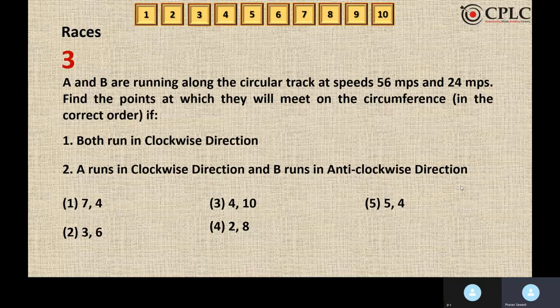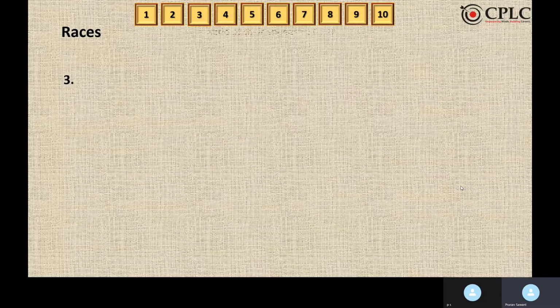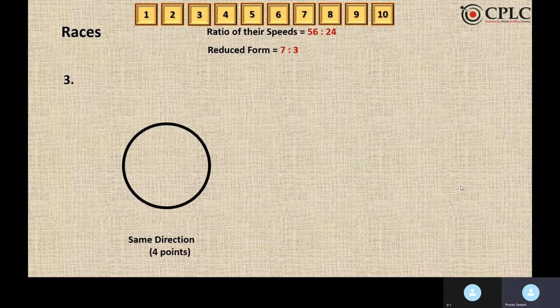Now we will make use of a simple concept of ratios again. So 56 is to 24, the ratio is 7 is to 3. First it says they both are running in the same direction. So at how many points will they meet?